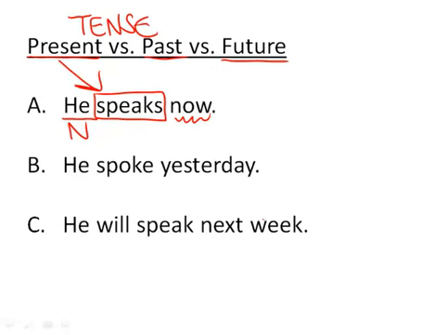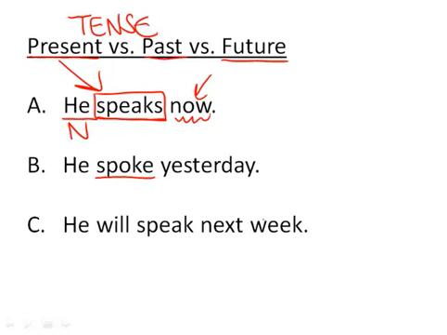However, sometimes you will not necessarily get a word like now. The reason we know this verb is in present is because of the form. The word speak or speaks shows that it is in present tense. The verb can change. If we look here at B, notice it says spoke.